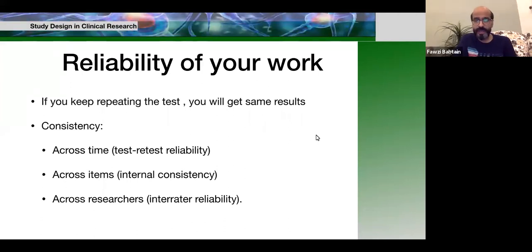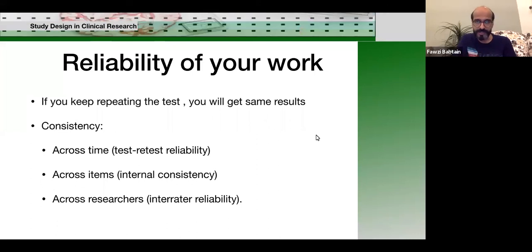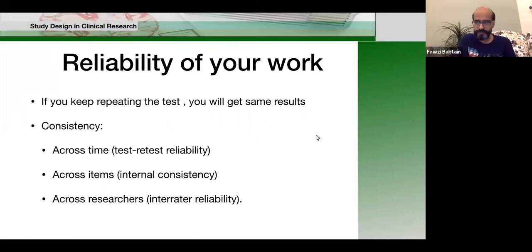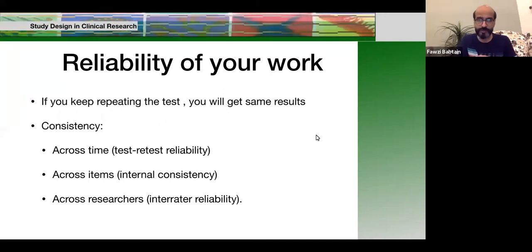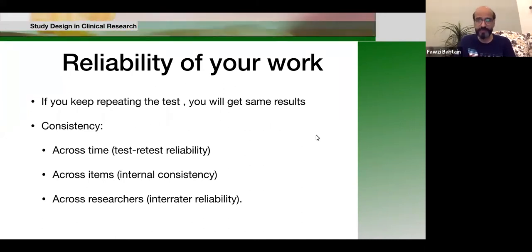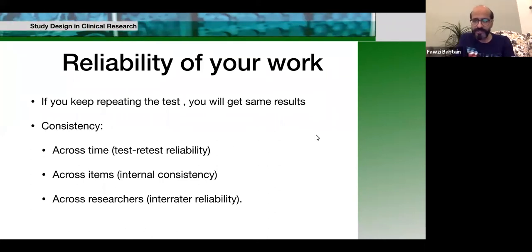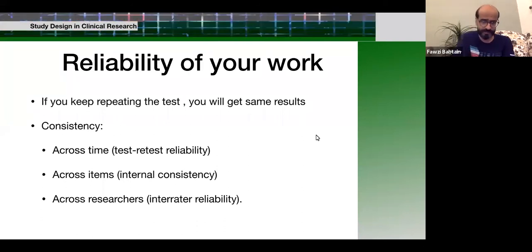Or if you use a different test to measure the same outcome, it will bring up the same results. Or if a different researcher uses the same test or a different test, he will come up with the same results. So reliability maybe is an easy thing to digest. It really reflects how reliable, how consistent your finding is.